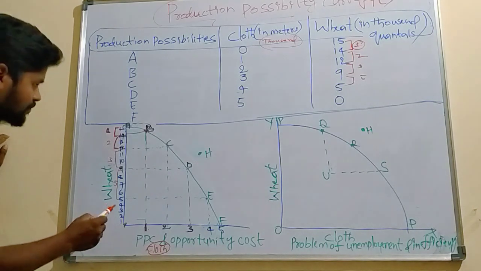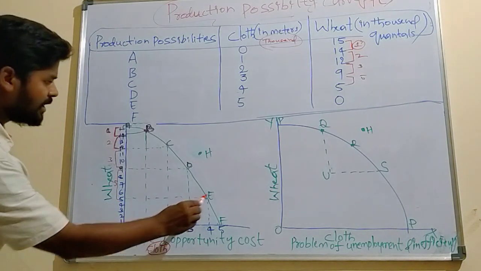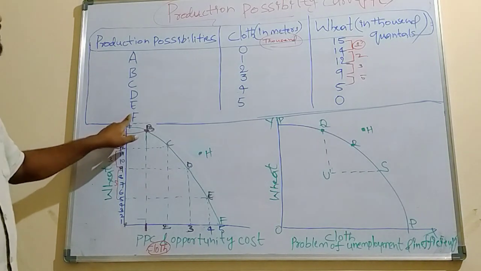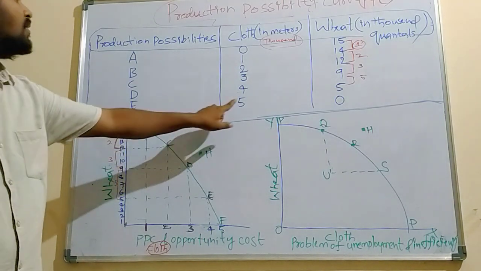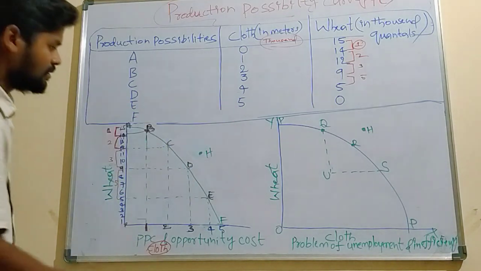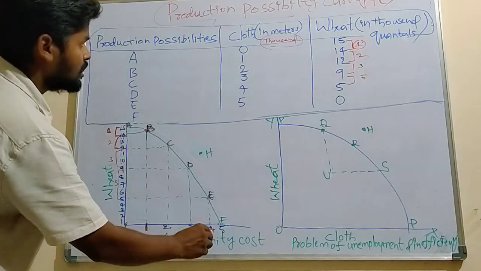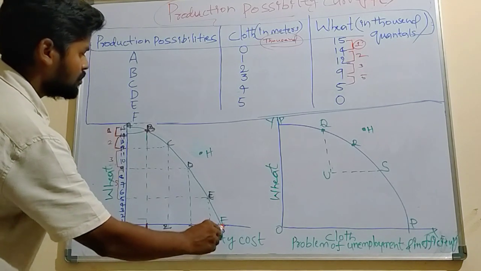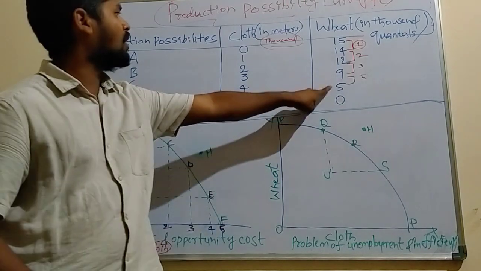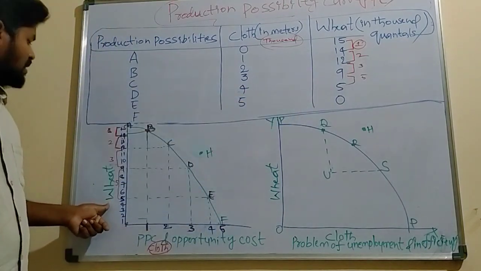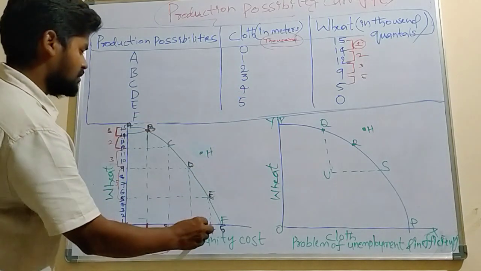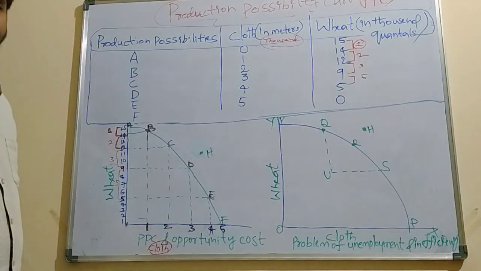And see here, combination E. At combination E here we can see 5,000 quintals of wheat which was produced, and 4,000 of the cloth which was produced.